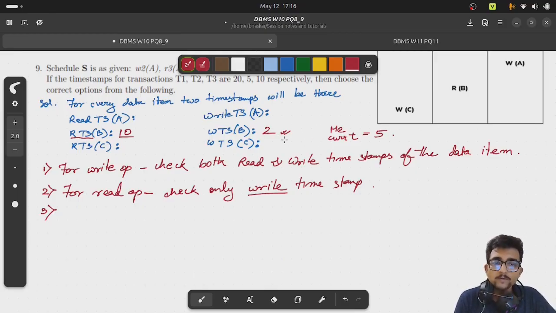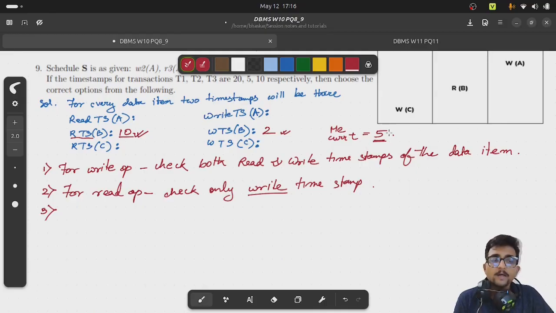So then obviously the read will be allowed and this transaction will do the read. But now the point is B was already at some point of time in the past read by another transaction whose value was 10. Correct. And now most recently B is read by another transaction whose value is 5.